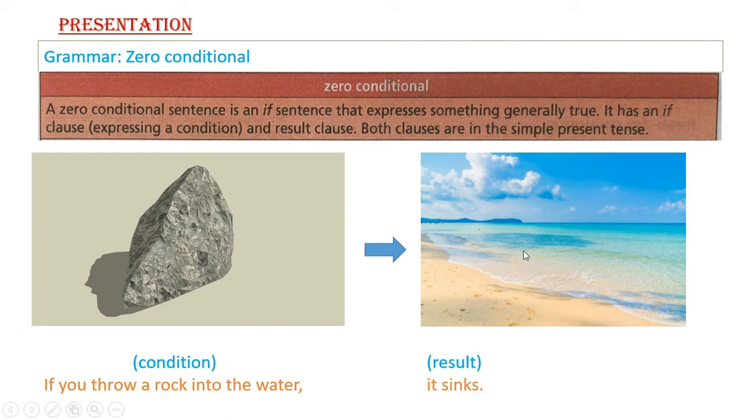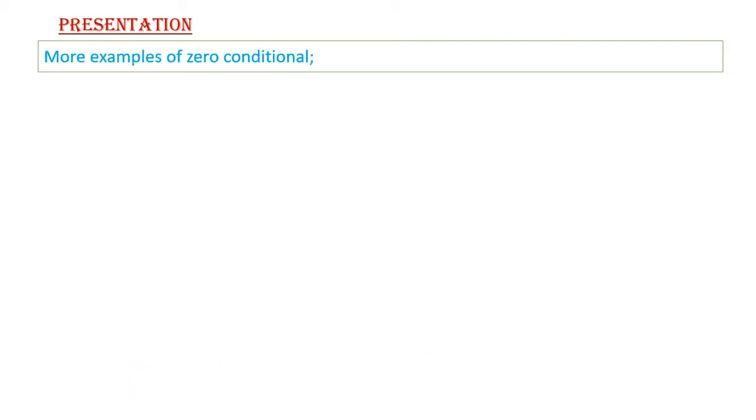Sink means going to the bottom of the sea or the river, or the bottom of the water. So this is the condition and this is the result. If you do this, it's going to happen like that. This is called the zero conditional.